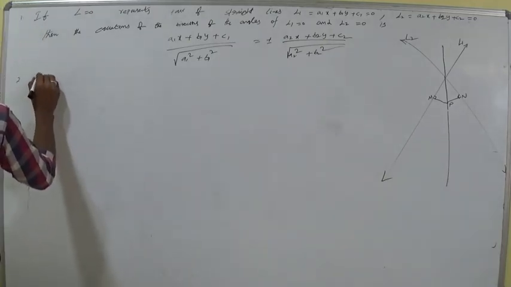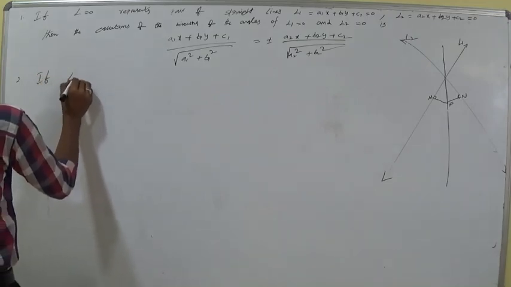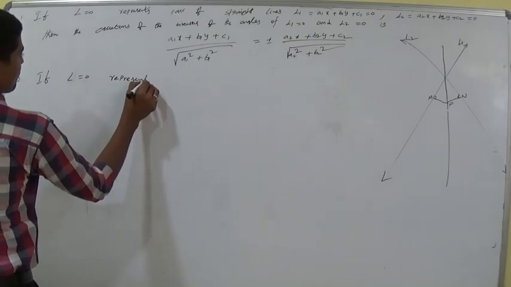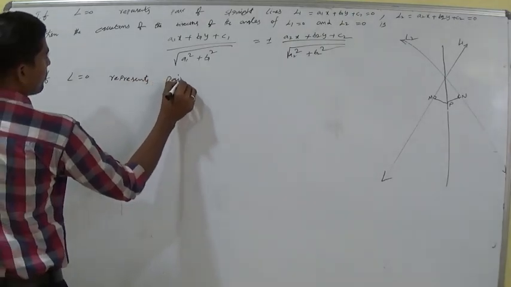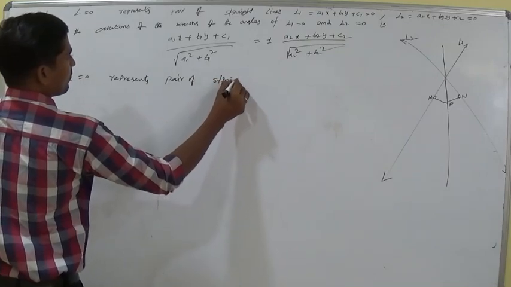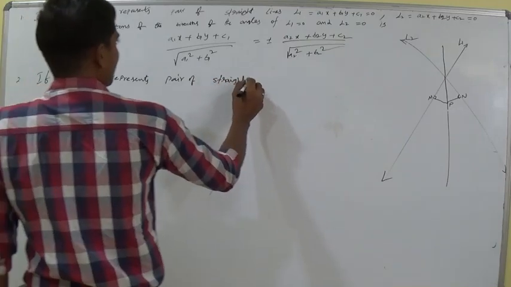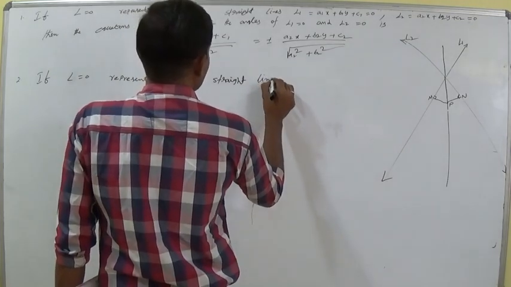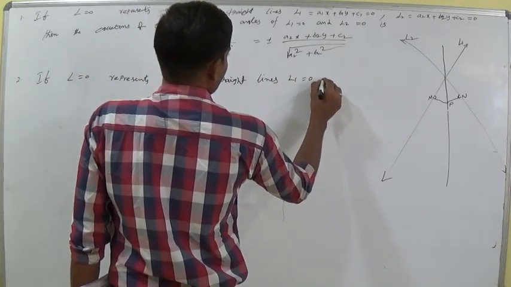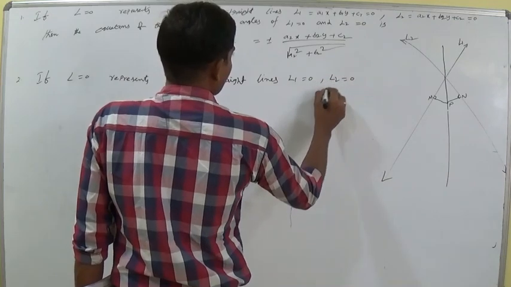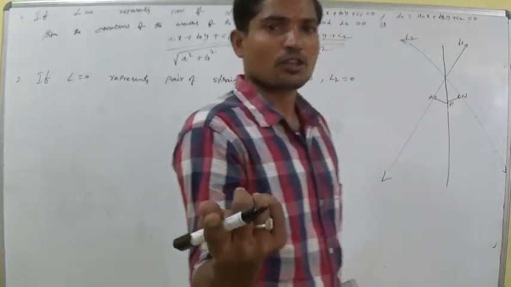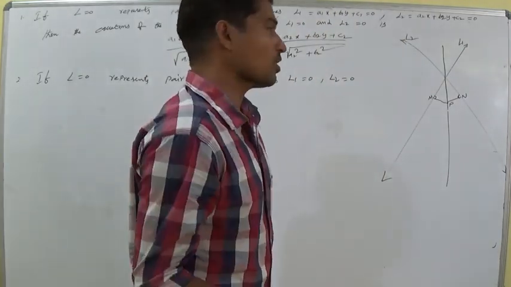If L equal to 0 represents a pair of straight lines, L1 equal to 0, comma, L2 equal to 0, L1 equal to 0 means a1x plus b1y plus c1, L2 equal to 0 means a2x plus b2y plus c2 equal to 0.